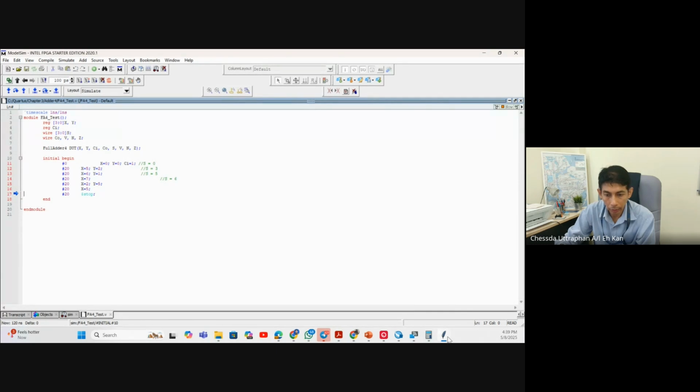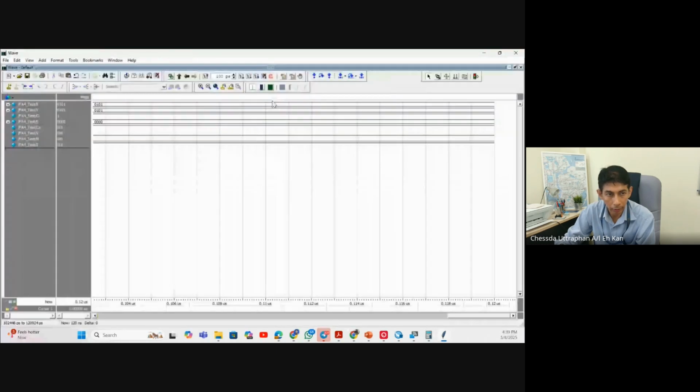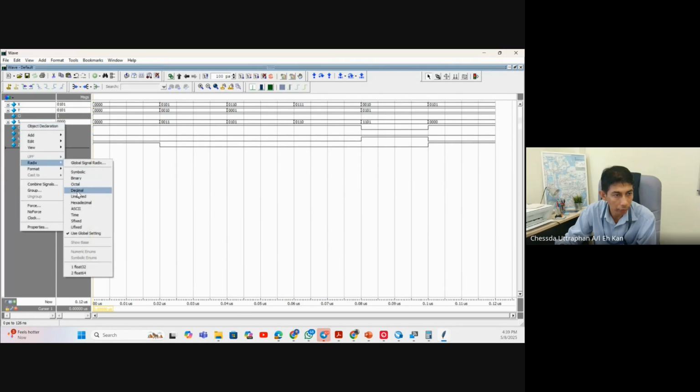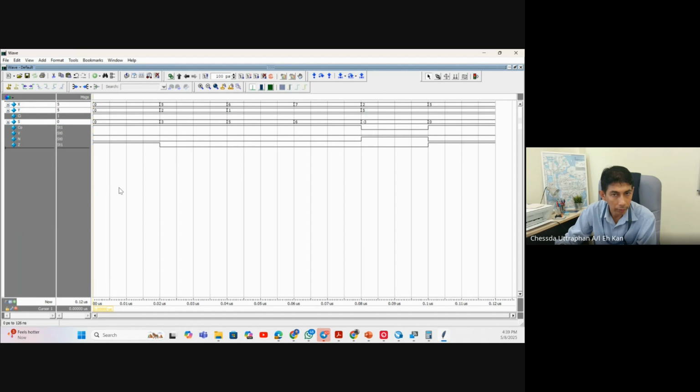Okay, it's not finished yet. We finished now. Okay, we have all the signals that we want. So let's change this radix again to decimal. So see here, if x equal to 0, y equal to 0, x and y are the same.